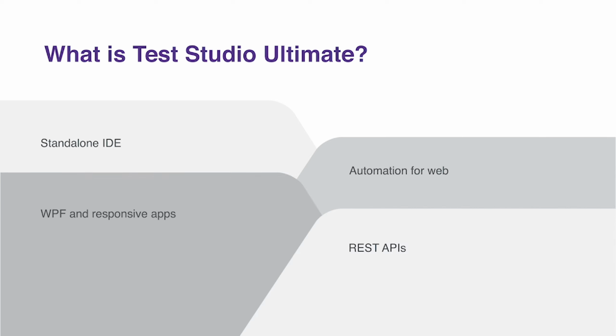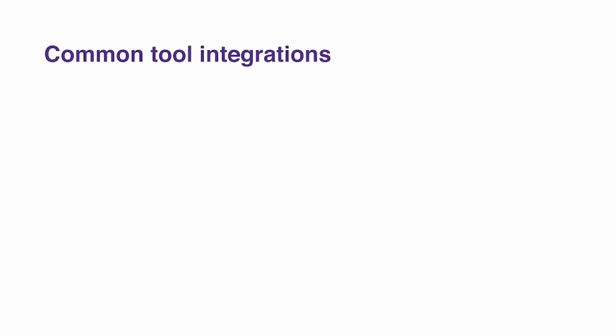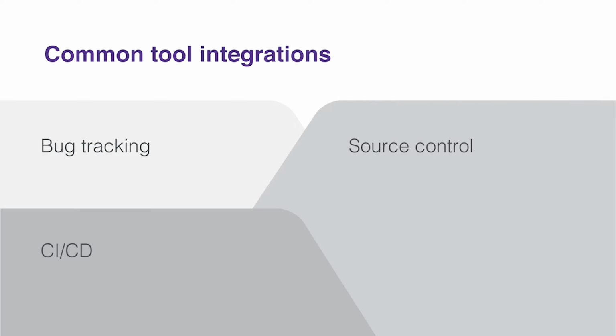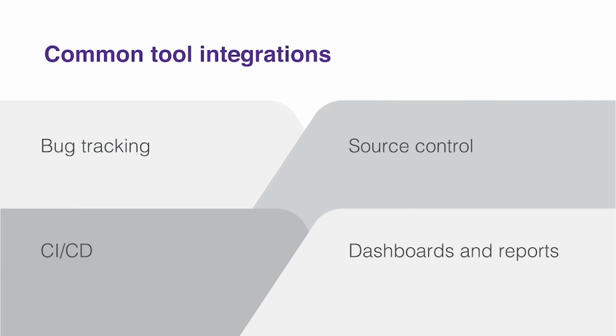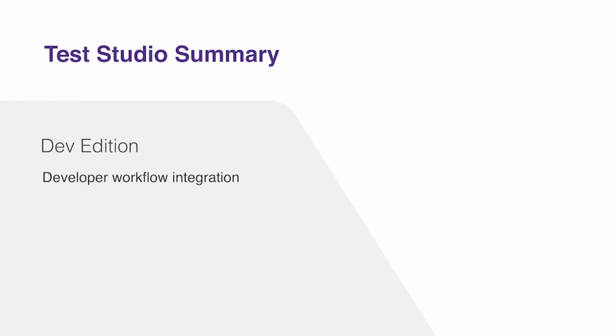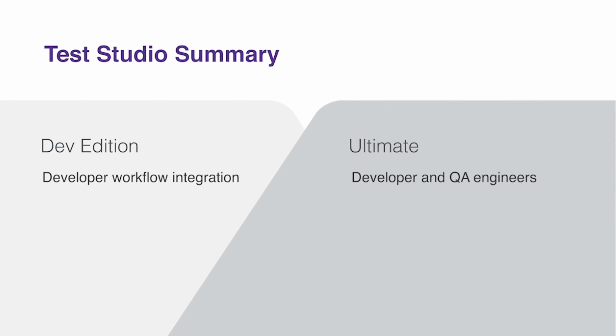It has REST API testing, load and performance testing, and it integrates with all the common bug tracking and source control and CI/CD tools, and provides dashboards with reports and results, and more. So while Test Studio Dev Edition is meant to easily integrate into the developer's workflow, Test Studio Ultimate engages developers and QAs into powerful collaboration by allowing them to work in their preferred environment.